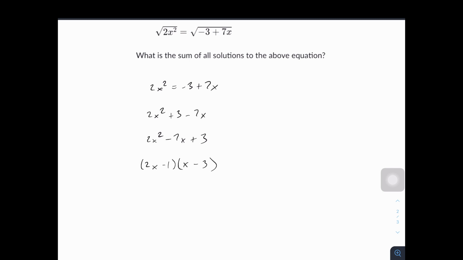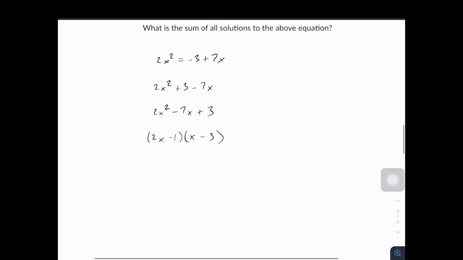And we can check that by getting 2x times x is 2x squared. 2x times negative 3 is negative 6x. Negative 1 times x is negative 1x, so negative 7x, and negative 1 times negative 3 is 3. So that works. And our two solutions are 2x minus 1 is equal to 0, and x minus 3 equal to 0, so x is equal to 3. 2x is equal to 1, x is equal to 1 over 2.